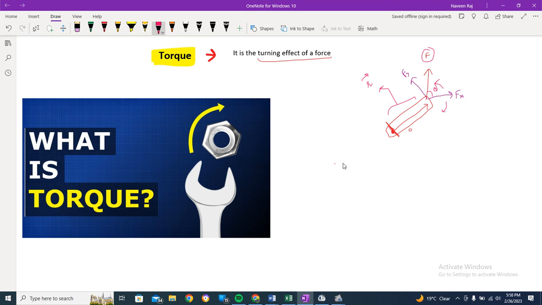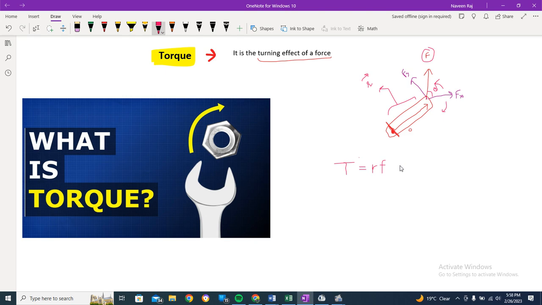This is the symbol of torque. If you write tau, which is a single curve, this is also torque, but I'm just writing T here to make you understand. T is equal to the product of the moment arm and the force, so this is r into F. I included all the components I mentioned to make the formula of torque.